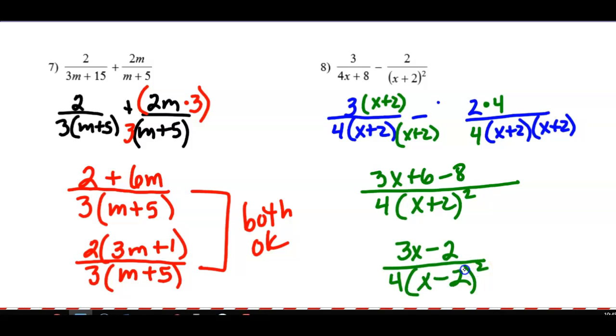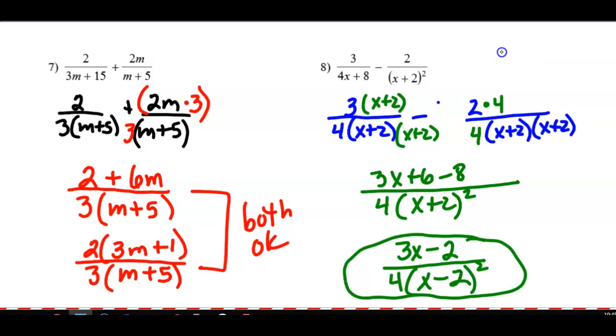But that's an example of, if you tried to rewrite this by multiplying by an x plus 2 twice, and then over here multiplying by a 4x plus 8, you'd have this huge, icky, nasty denominator that would eventually reduce down to this, but way too much extra work.